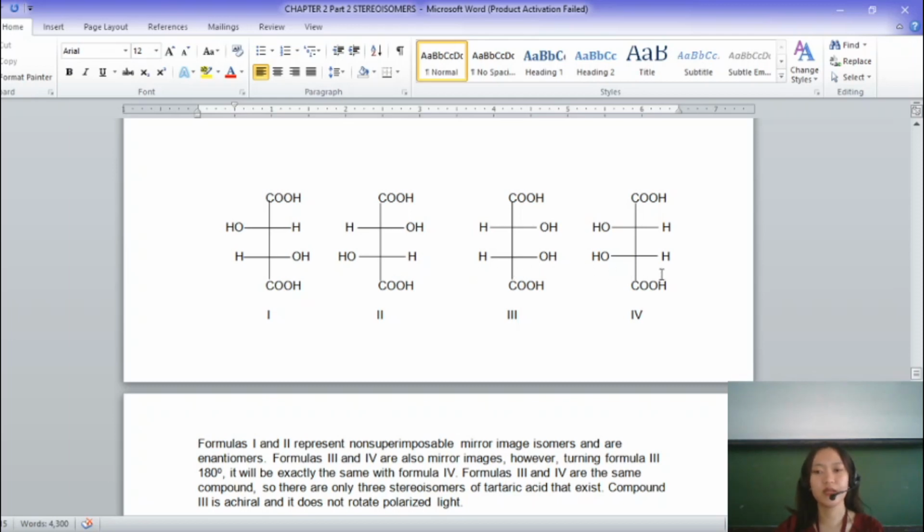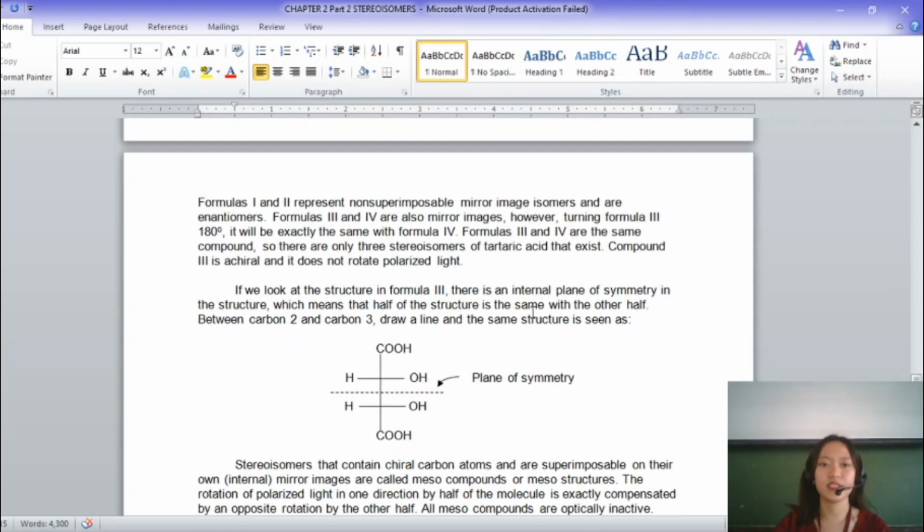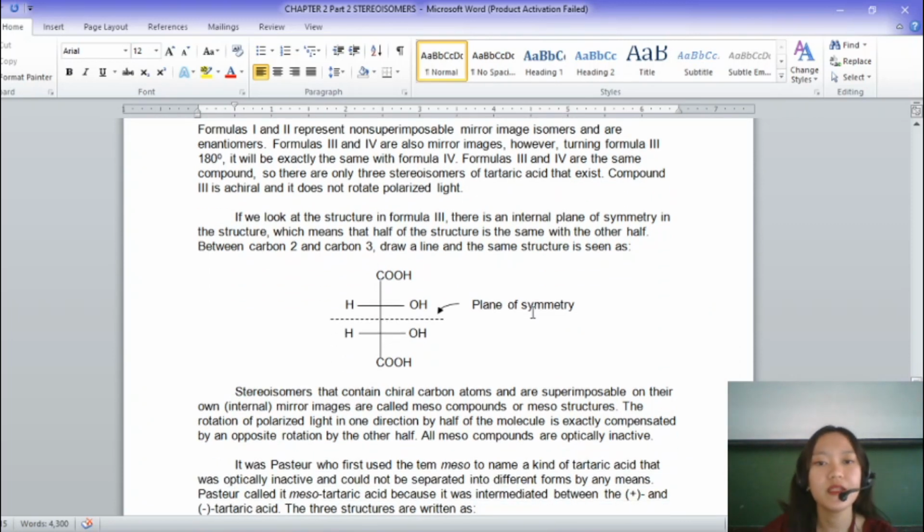Kuha? So, same sila na compound and you call them mesocompounds. Okay, bakit mesocompound? If we look at the structure of formula number 3, there is an internal plane of symmetry in the structure. So, between your carbon number 2 and carbon number 3. So, kapag hinati mo sa gitna, paano mo ma-check if mesocompound siya?